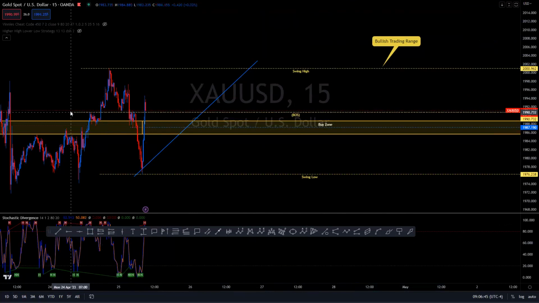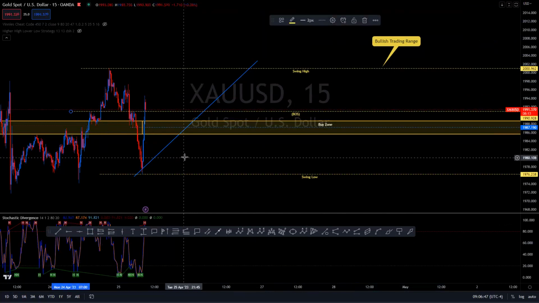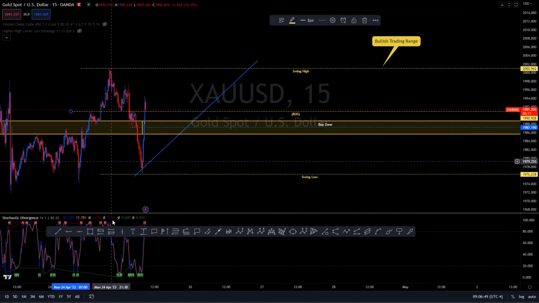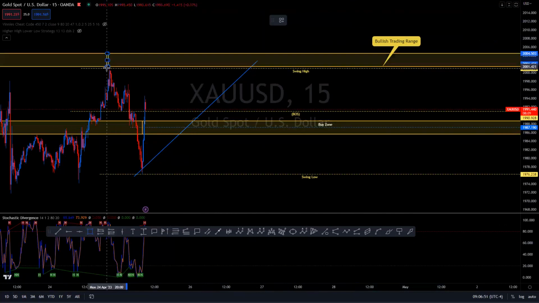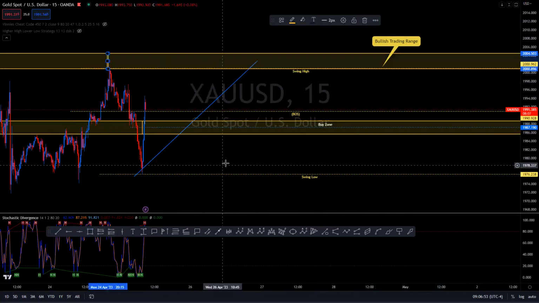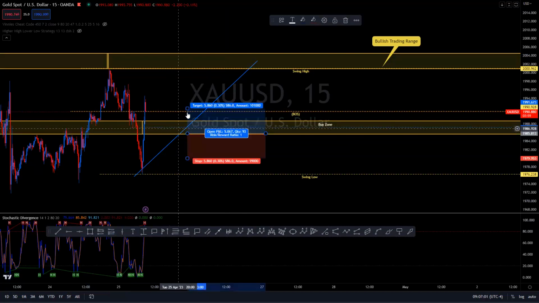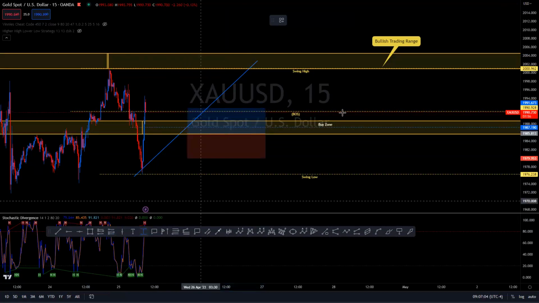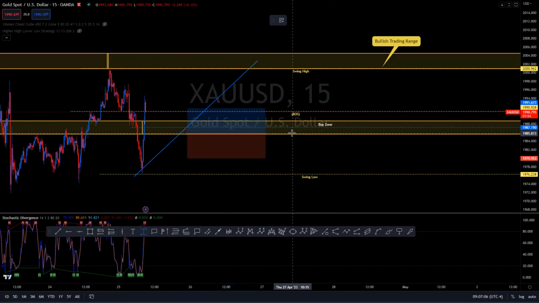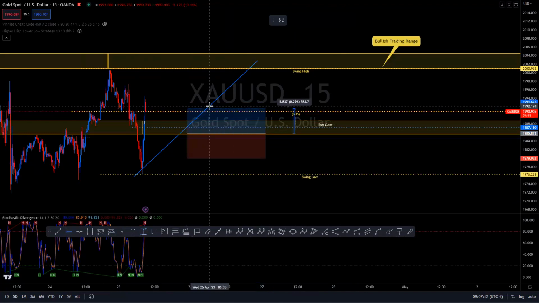So with that being said, my goal is to have price test all this liquidity down here. If it goes all the way down here, then I'm going to get at least this much of gold for the first TP if it comes down here.